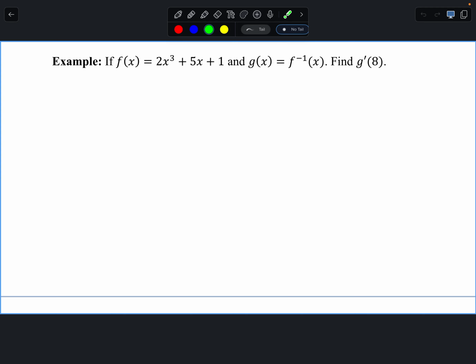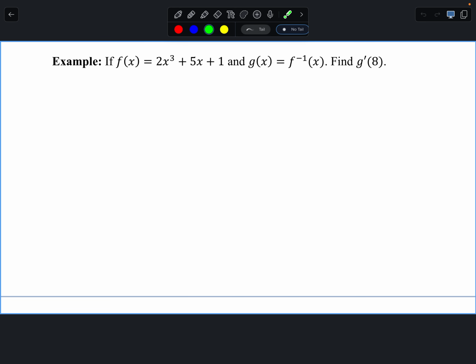You only have about an average of 2 minutes a question for the non-calculator active questions, and then about 3 minutes a question for the calculator active multiple choice questions. So you don't have time to go really in depth on algebra like we're about to do in this problem.